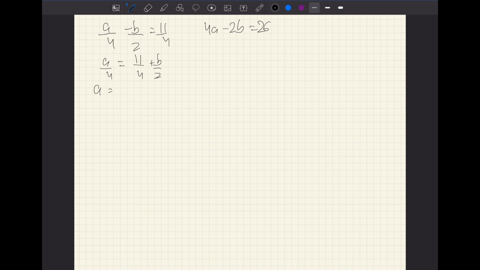Actually, there's a better way of solving this. We take the LCM as 4. So we need to multiply this by 2, and that by 2 as well. So 11 plus 2b. The 4 cancels with the 4 here, so a is equal to 11 plus 2b.